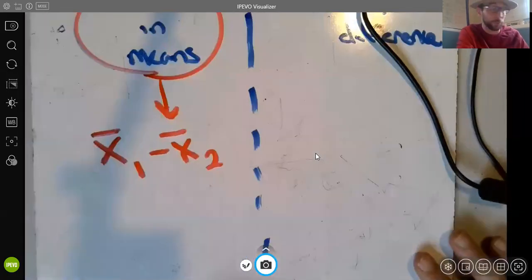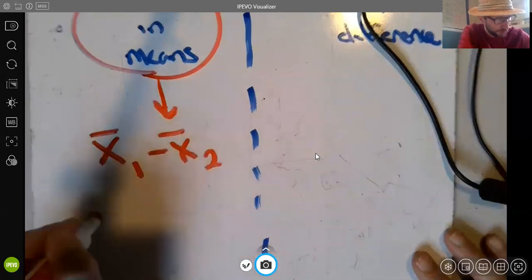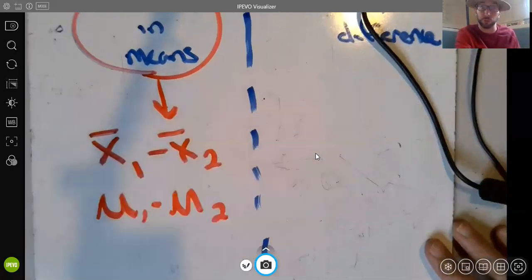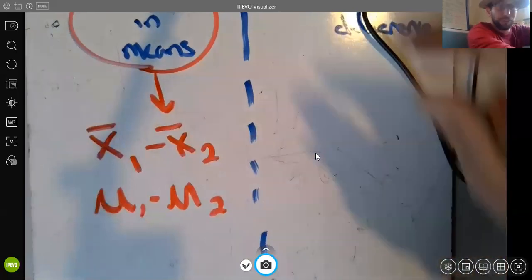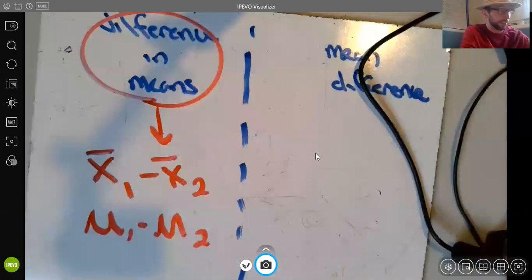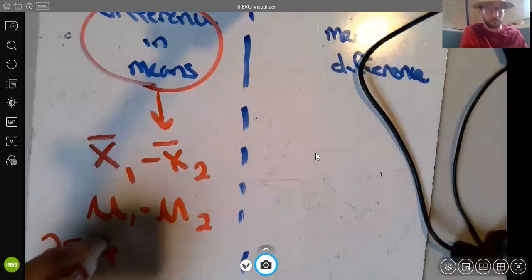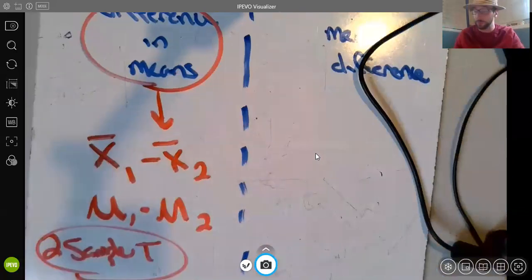That's what we just did, right? We started with the difference in 2 sample means and are going to use that information to try to draw conclusions about the 2 population means. So a difference in means is literally subtracting means, and this is all the 2 sample T stuff. That's what's happening this week.